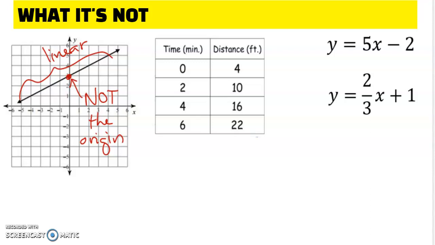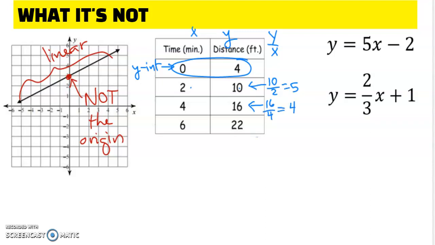When I look at my table, the constant ratio y divided by x, I'm going to skip where x is 0. This tells me my y-intercept, where it crosses the y-axis. We'll get more into that. I'm going to go each row. 10 divided by 2, y divided by x, equals 5. 16 divided by 4 equals 4. 22 divided by 6 equals 11 over 3.